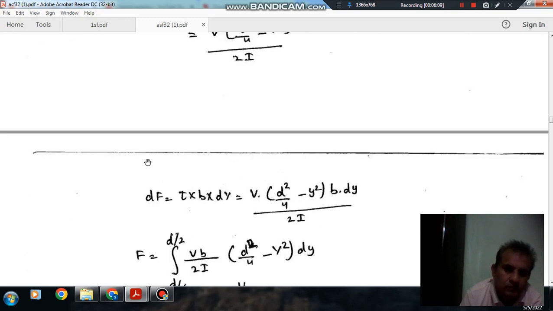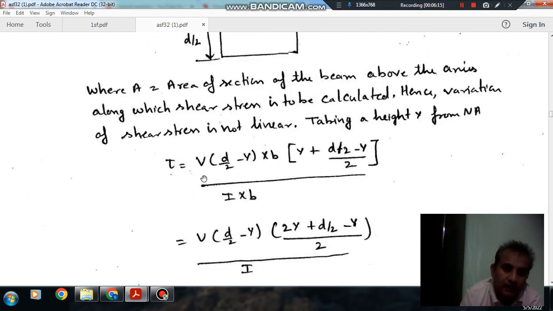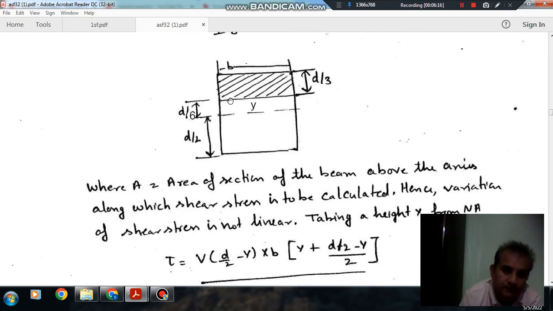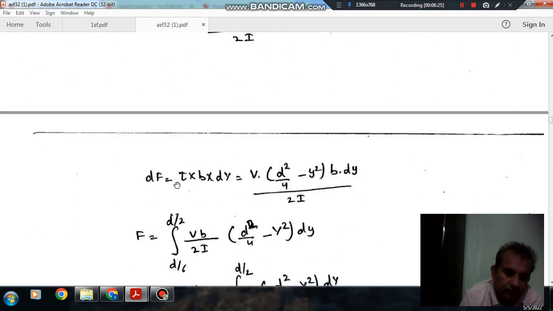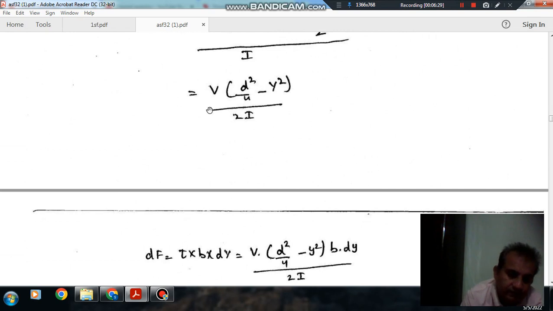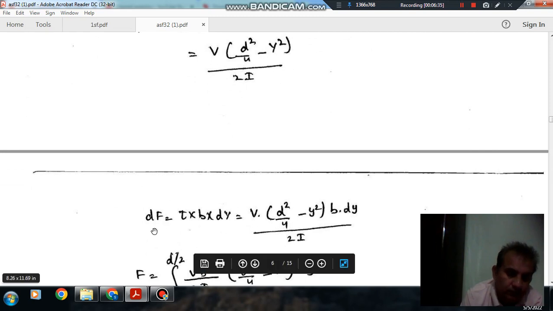So this is the shear stress at a section at a distance y of thickness dy.